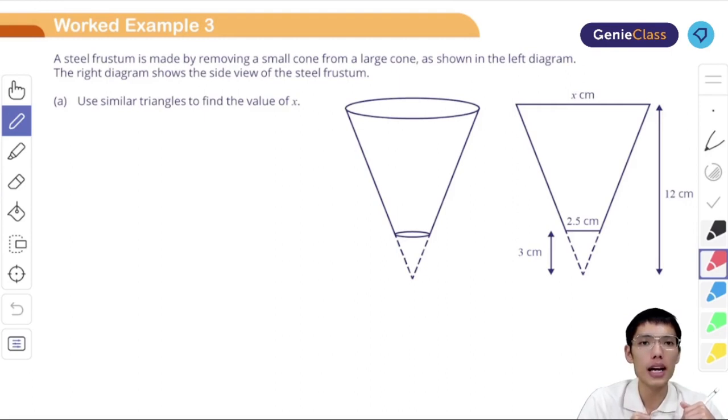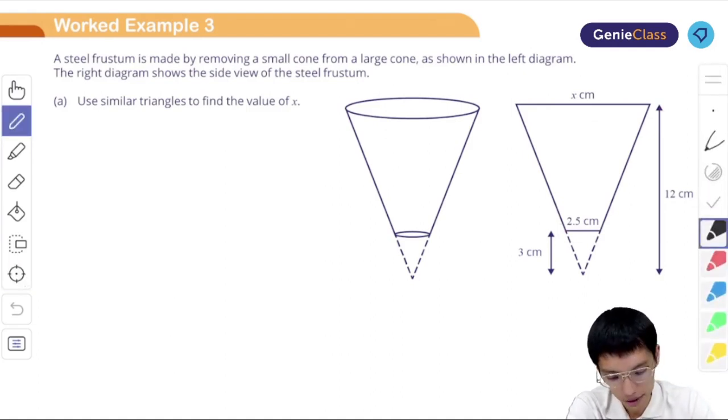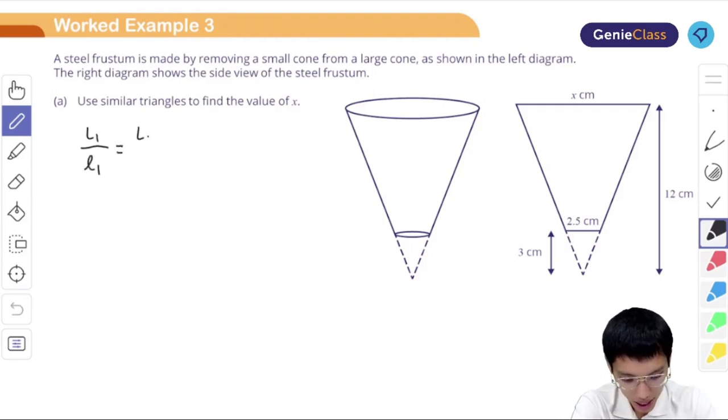Maybe my question isn't clear, so let me just write it out. I hope you all realize for similar triangles, it has to be respective. So the small one with the big one, or the big one with the small one. So in this case, let's say I do the first side. So similar triangles, big side with the small side, over the other big side and the small side.